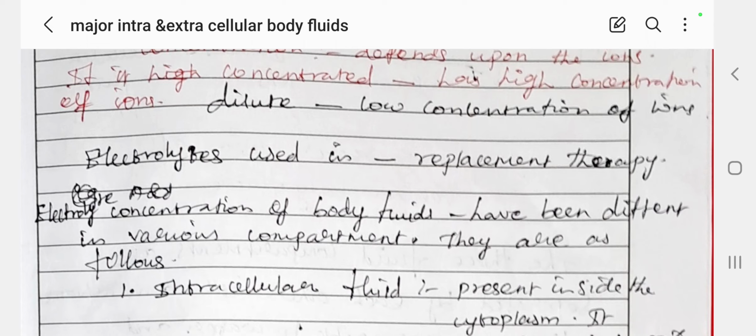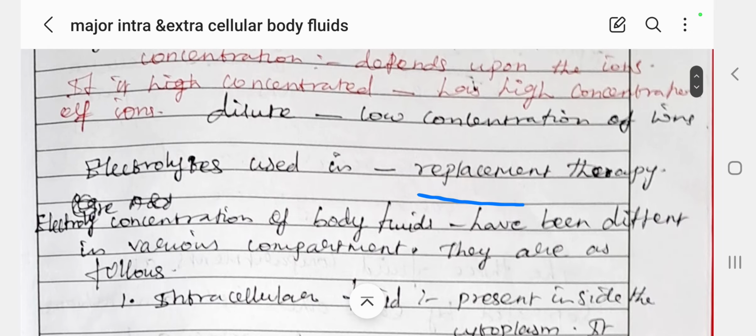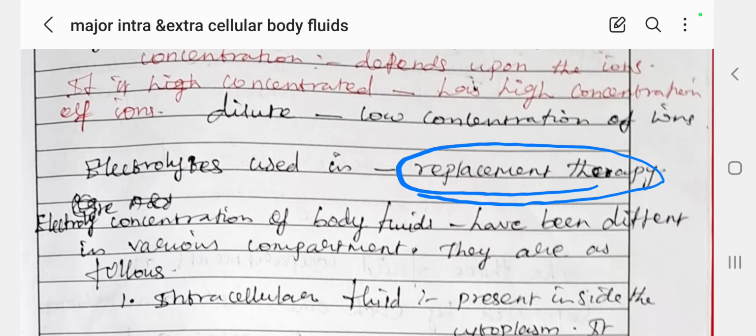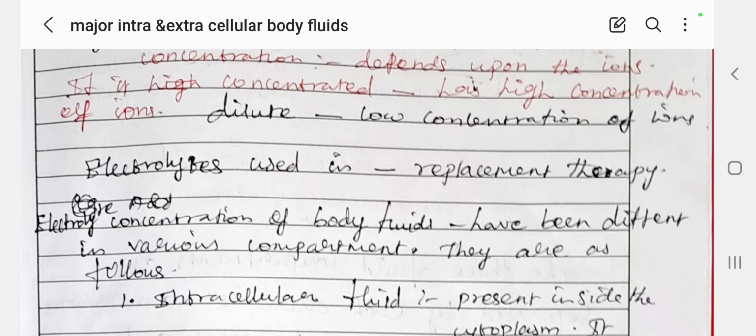They are as follows. Before going to the classification of the body fluids present in the various compartments, which might be different, what is meant by electrolyte replacement? Electrolyte replacement therapy is required because normally a person has to maintain the electrolyte concentration constant.